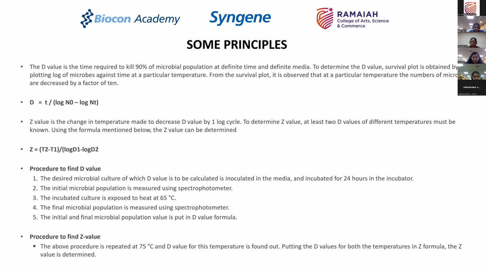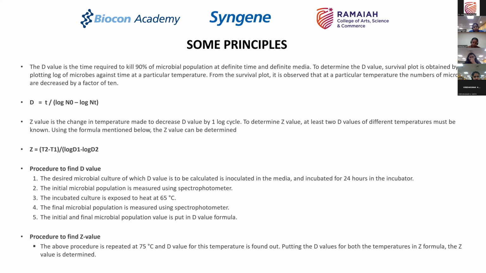So I will say my D1 was X, my D2 is Y, and my temperature 1 was say 132 degrees centigrade, and temperature 2 was 121 degrees centigrade. By making that change, what is it that I get? So this is what the formula for the Z value is.